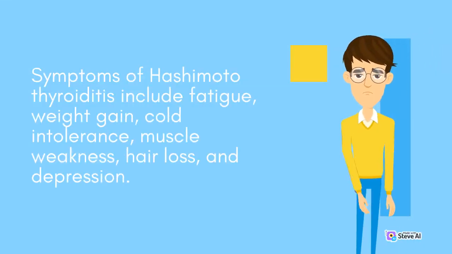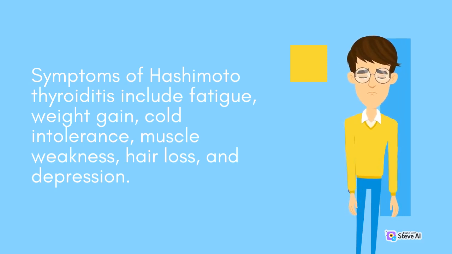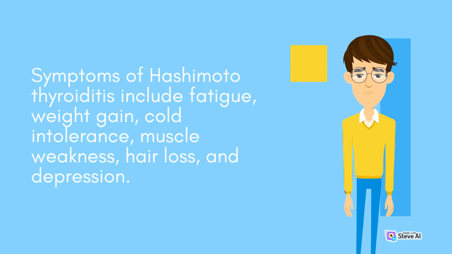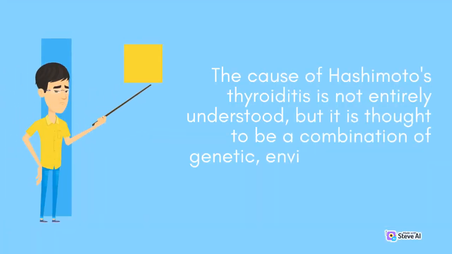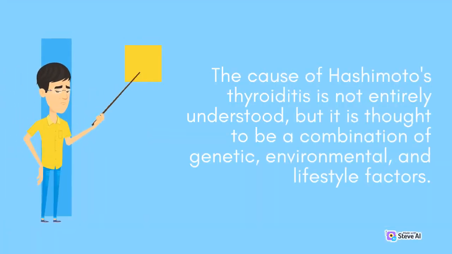Symptoms of Hashimoto's thyroiditis include fatigue, weight gain, cold intolerance, muscle weakness, hair loss, and depression. The cause of Hashimoto's thyroiditis is not entirely understood, but it is thought to be a combination of genetic, environmental, and lifestyle factors.